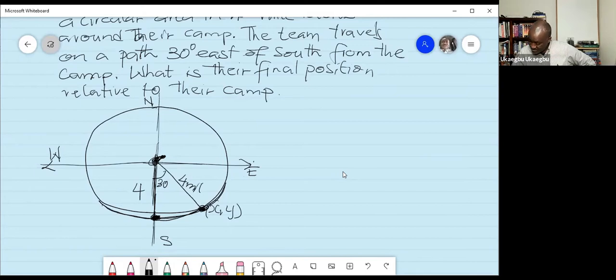So you can trace this to the y-axis, and then you can trace this to the x-axis, and that will create a triangle. So there are two ways you can solve this.